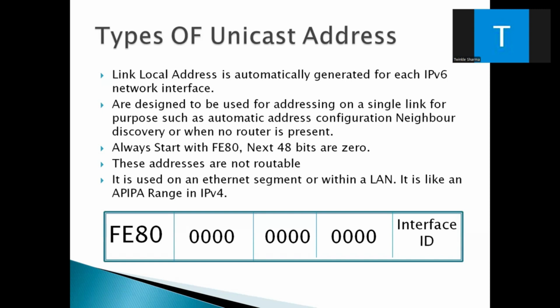If we don't allot an IP to a device, then it will generate the IP automatically. It is a private IP generator. It always starts with FE80. The next 48 bits are 0. These addresses are not routable.